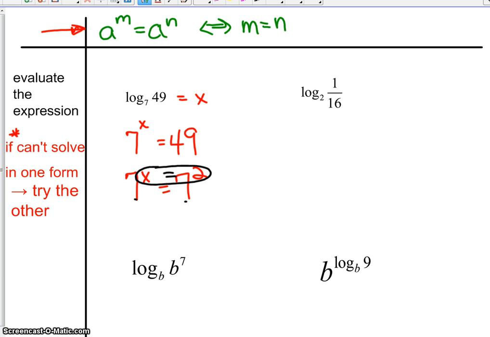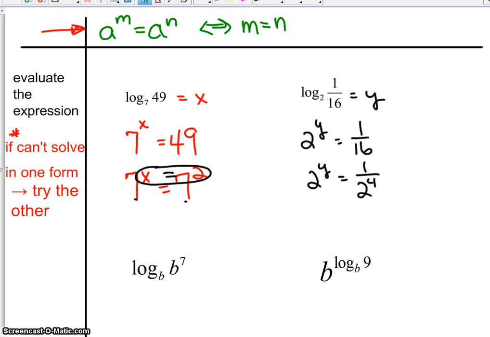Okay, so same thing over here, the second example, log base 2 of 1 over 16. What's that going to be equal to? I don't know what to do with it. Rewrite it in exponential. Okay, so now I need to come up with a situation where I have a like base. And here you're going to have to start understanding some of your bases. I can see 16 is 2 to the 4th.